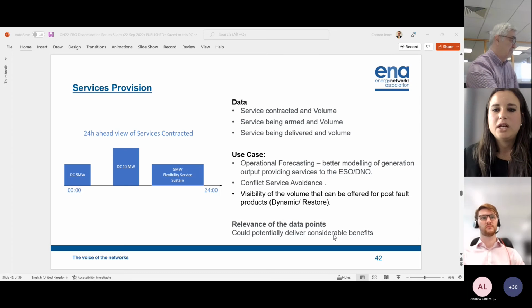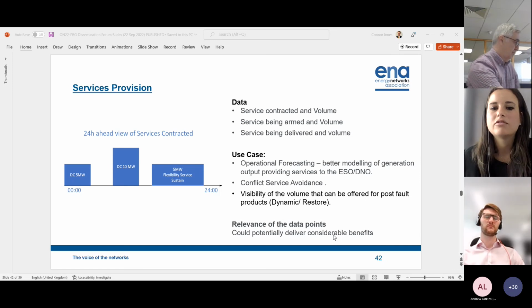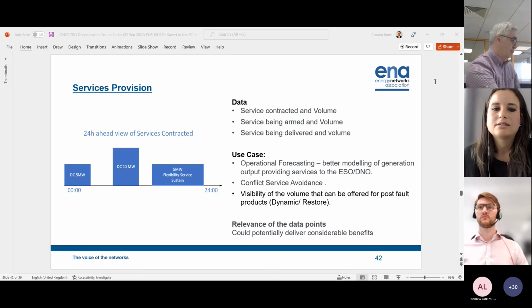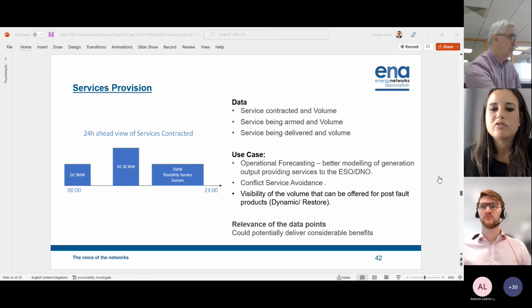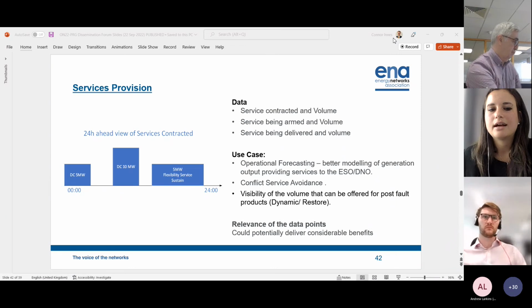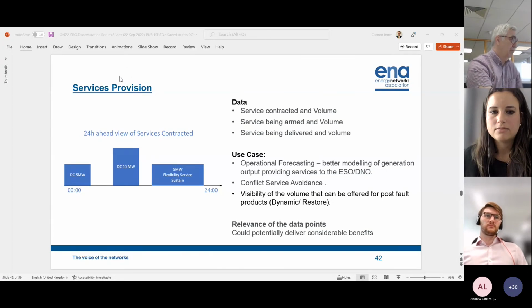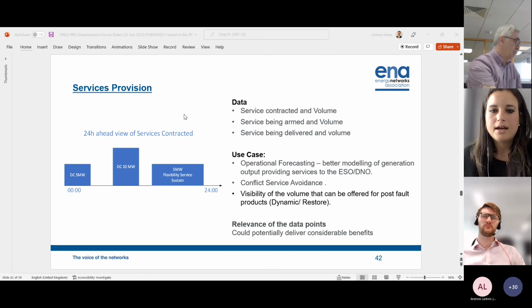As an example, if we know that storage is providing DC services at full capacity right now, that means that in the next IFA block, we could expect the storage site to be responding to frequency for the whole duration of the IFA block. So this will again help us improve our forecasting capability to better model storage and other DR which are providing this type of services.